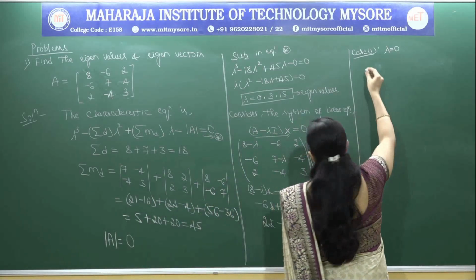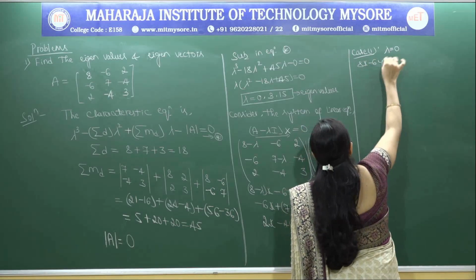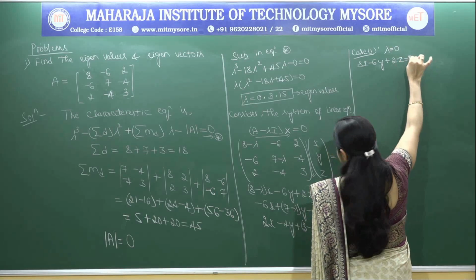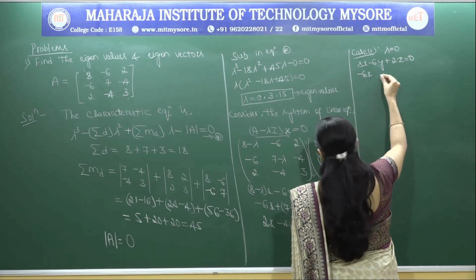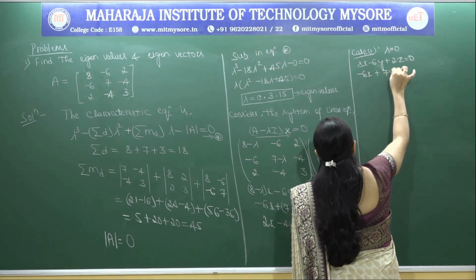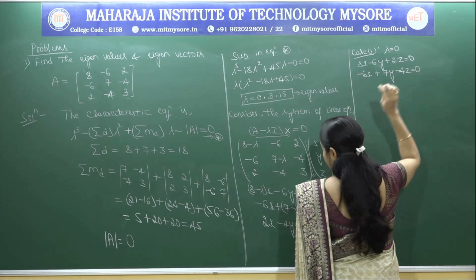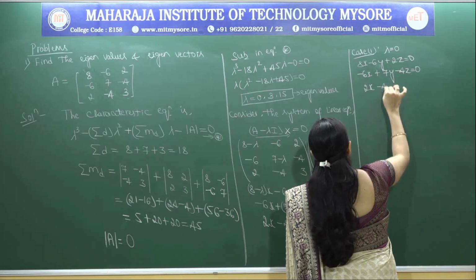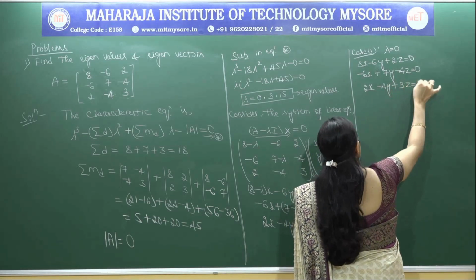So the first one, you will get 8x minus 6y plus 2z equals 0. The second, minus 6x plus 7y minus 4z equals 0. Third one, 2x minus 4y plus 3z equals 0.